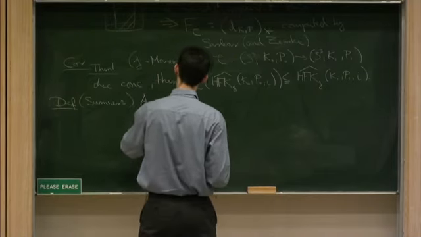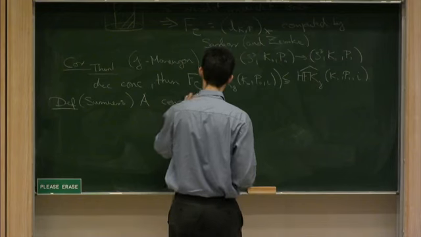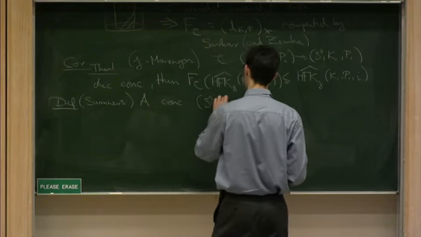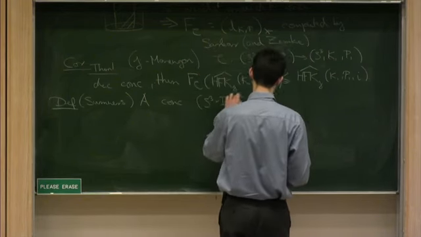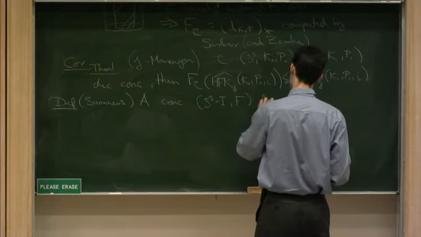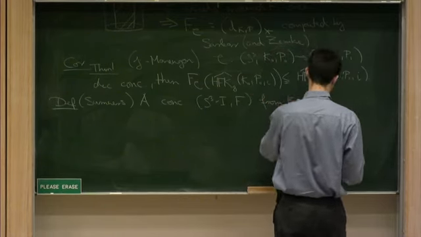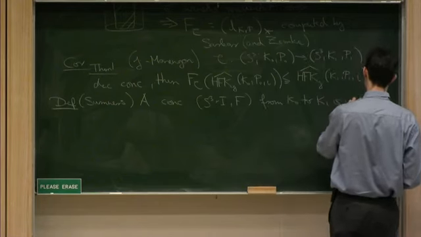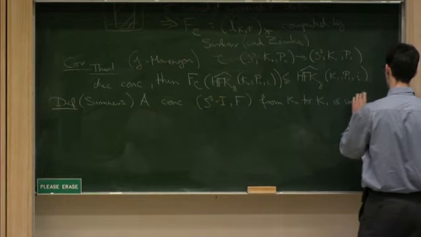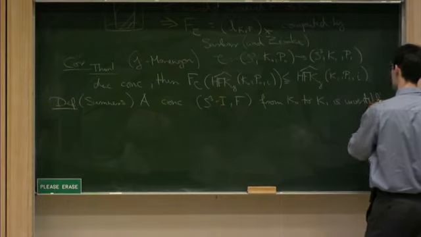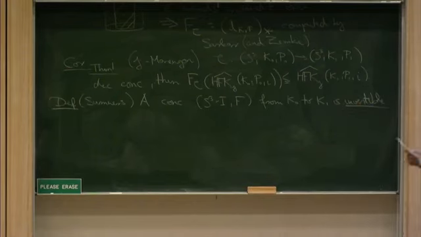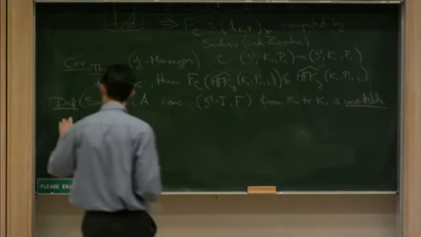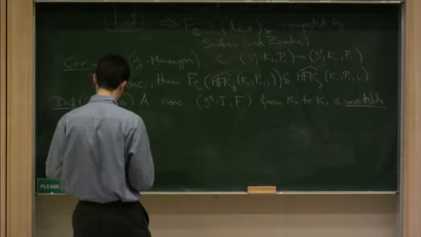So a concordance, not decorated, just in the usual sense, as in S3 cross I, F, from K0 to K1 is invertible if it has a left inverse.